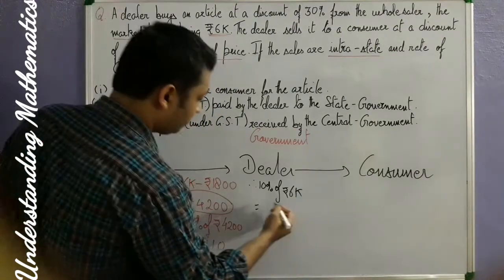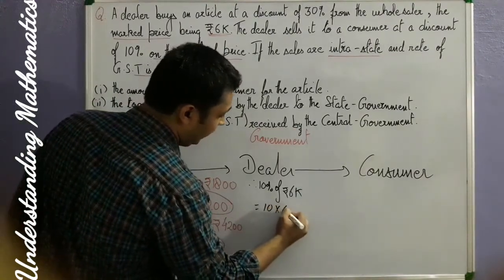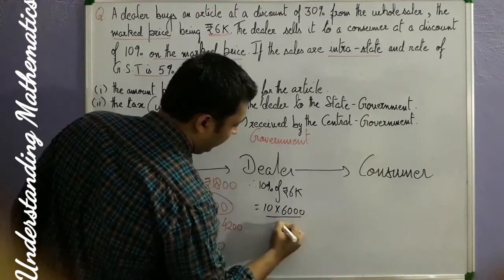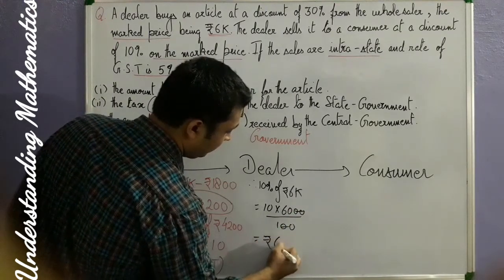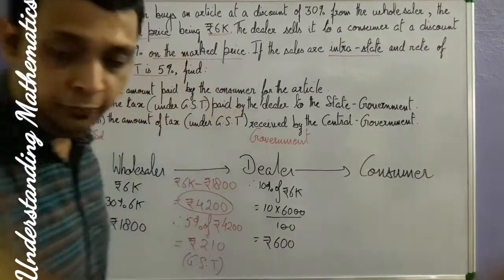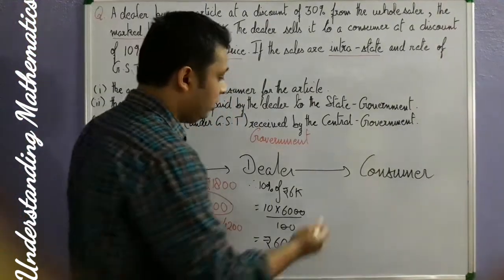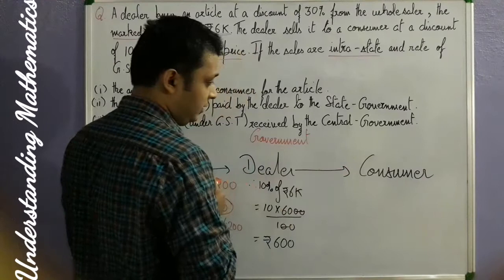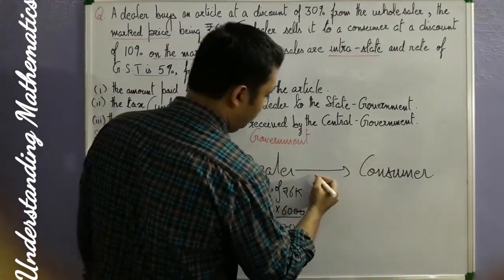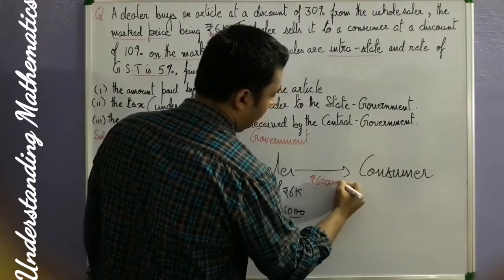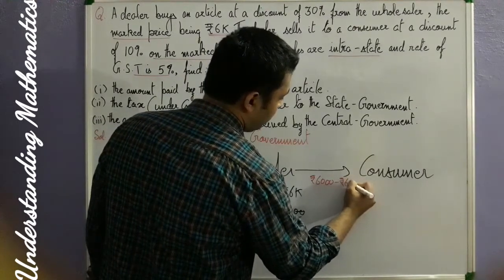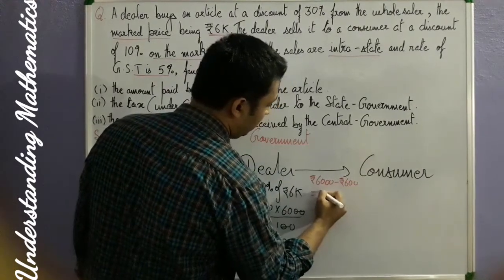You calculate it, you will get 6,000 divided by 100. This goes off. So this will give us 600. So what is the amount that will be shown to government on transaction? That amount will be rupees 6,000 minus rupees 600, which will give us how many rupees?